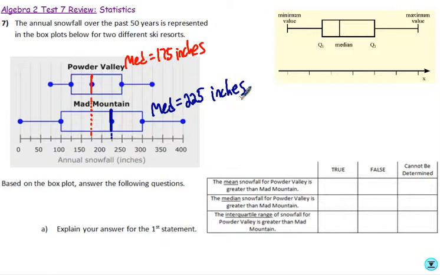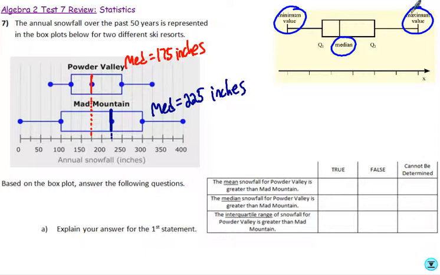Well, the question says the mean snowfall for Powder Valley is greater than Mad Mountain. One thing that maybe we didn't mention in the last problem is that box plots tell you the median, the minimum, and the maximum, the biggest number. But one thing it does not tell you is the mean.